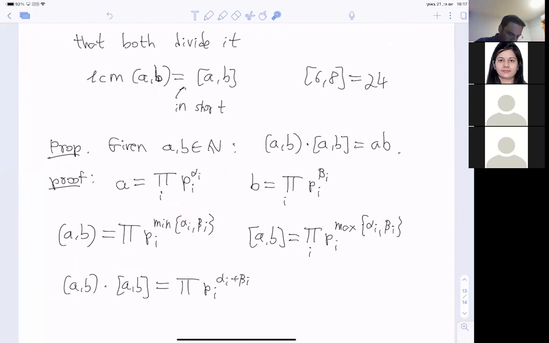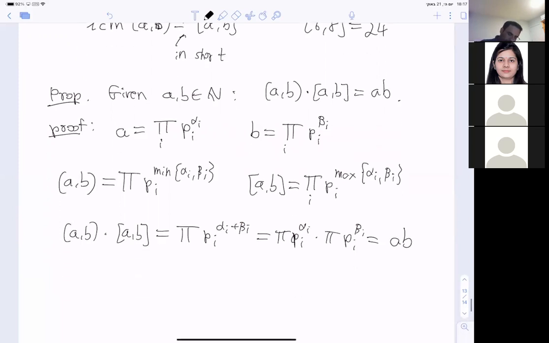And that is exactly the product of p_i^alpha with the product of p_i^beta, which is AB.